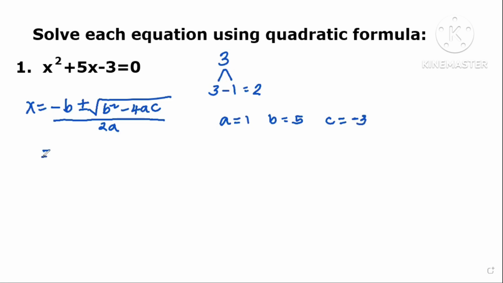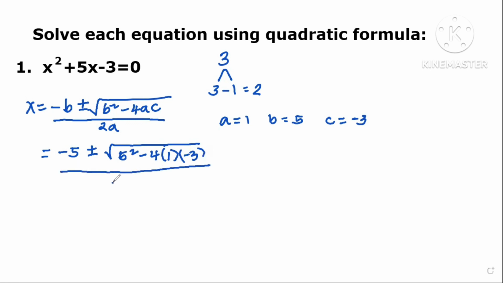All we have to do now is to substitute all these values. So we have negative of 5 plus or minus the square root of b, which is 5 squared, minus 4a, which is 1, and then c, negative 3, over 2 times a, which is equal to 1.